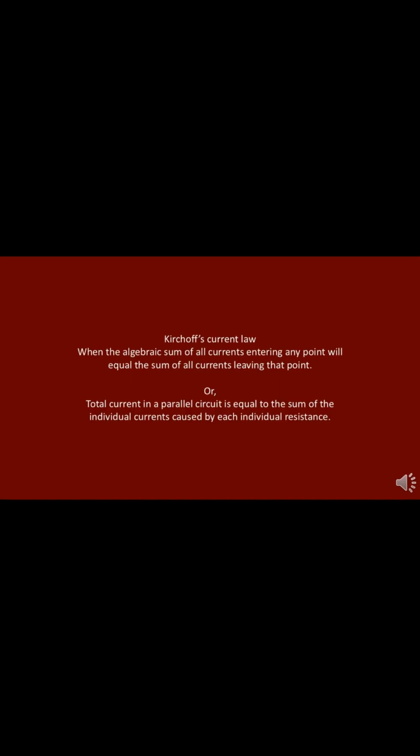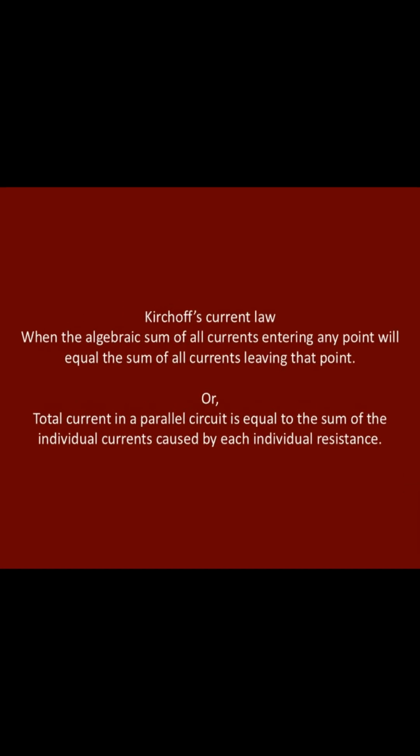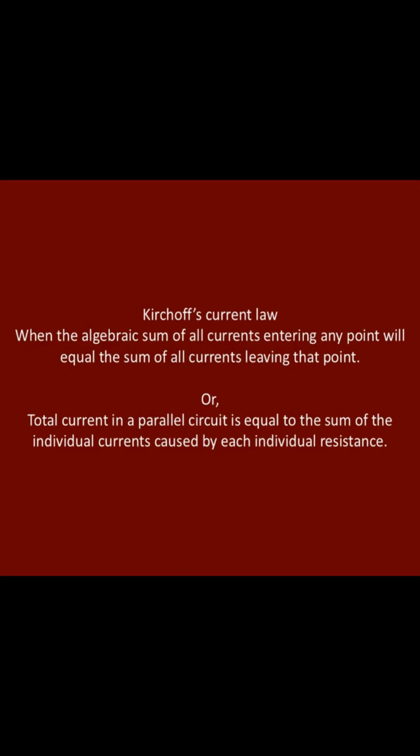Parallel circuit current. Current in a parallel circuit follows some simple principles. These principles are summed up in Kirchhoff's current law. Kirchhoff's current law states that the algebraic sum of all currents entering any point will equal the sum of all currents leaving that point.